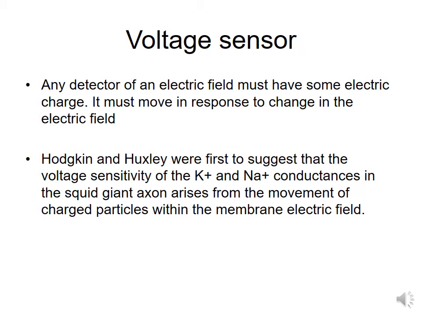So what would be this voltage sensor? Well, this voltage sensor, as the name implies, has to be able to sense transmembrane voltage. So somehow it must be some kind of amino acid that's charged. Could be negatively charged or positively charged, but because it's charged, it must be able to sense a change in transmembrane voltage.